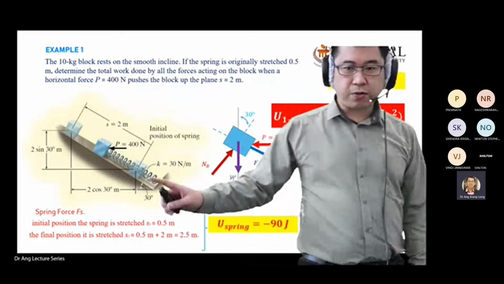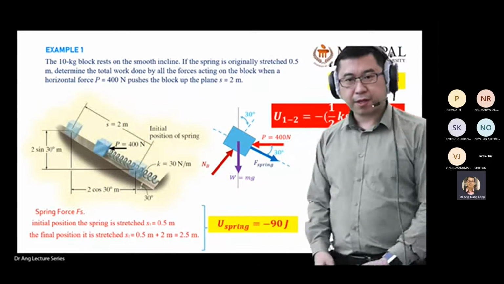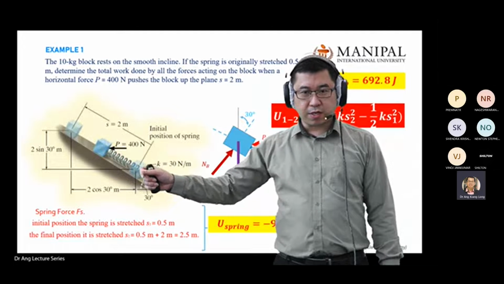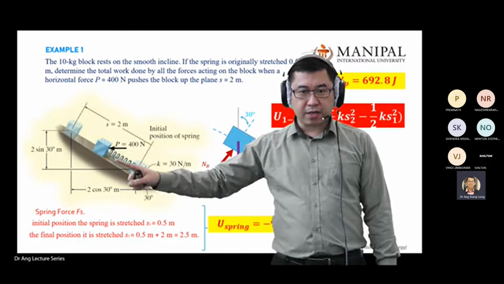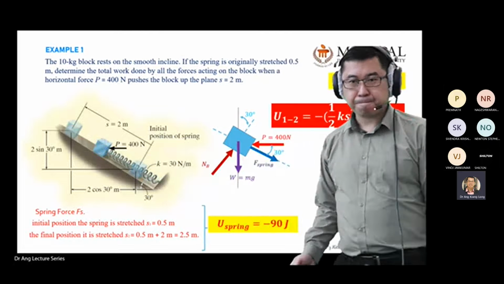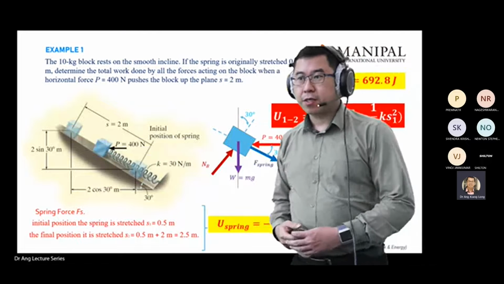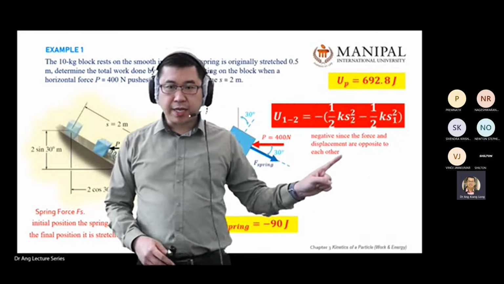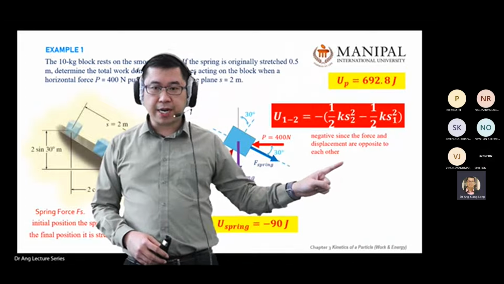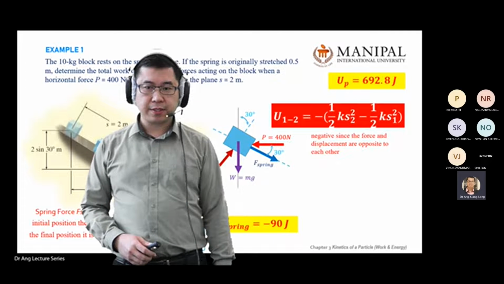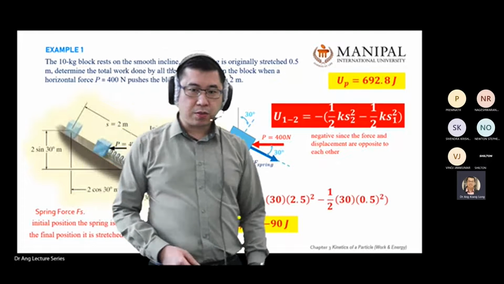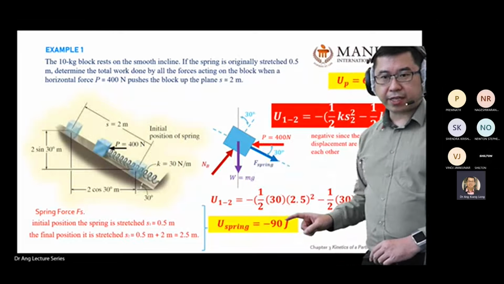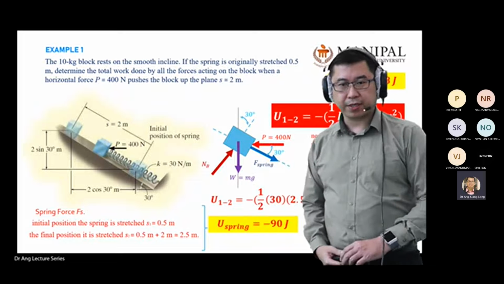It is because if you look at this diagram, where does the spring work? It works going back and then going up, right? Negative because the force and displacement are opposite to each other.